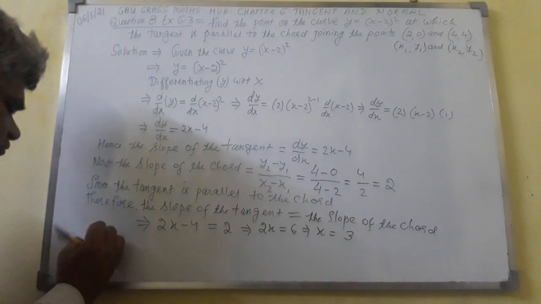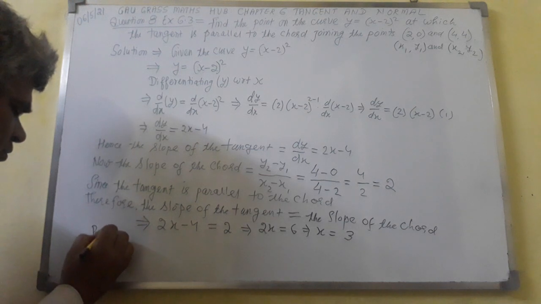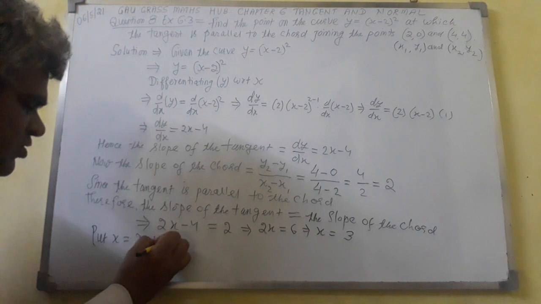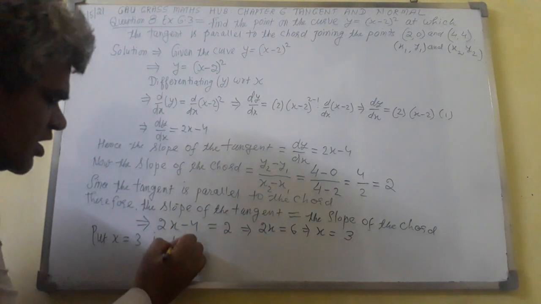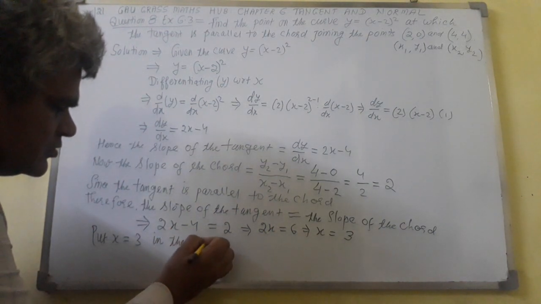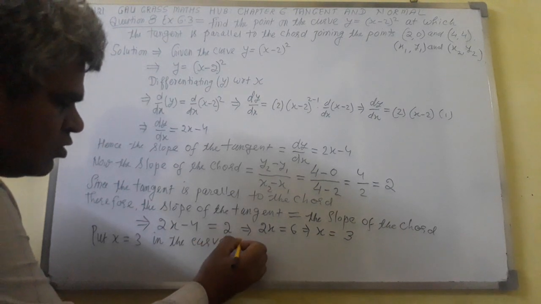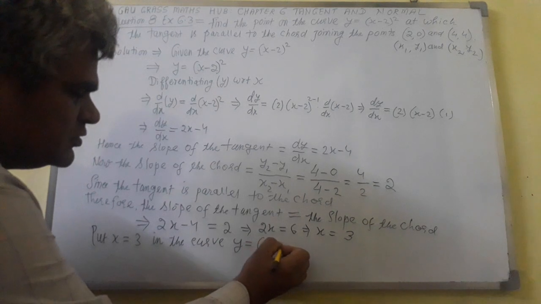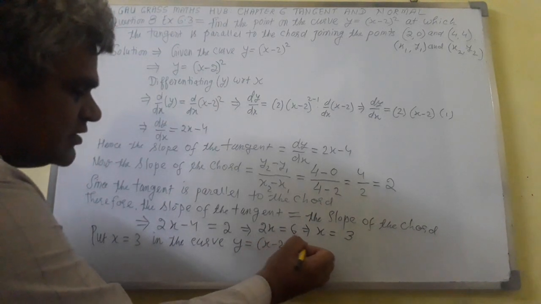Put x equal to 3 in the curve y equal to (x minus 2) whole square.